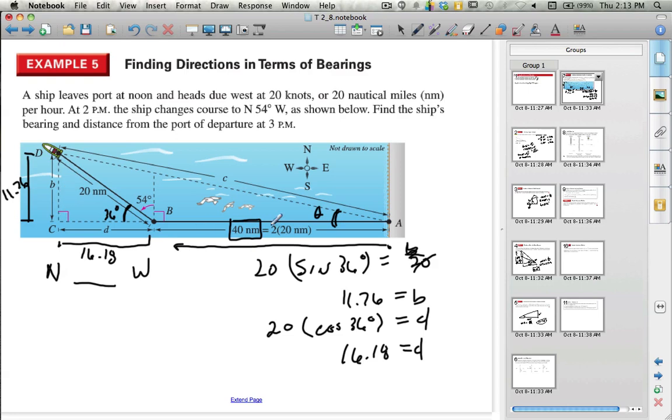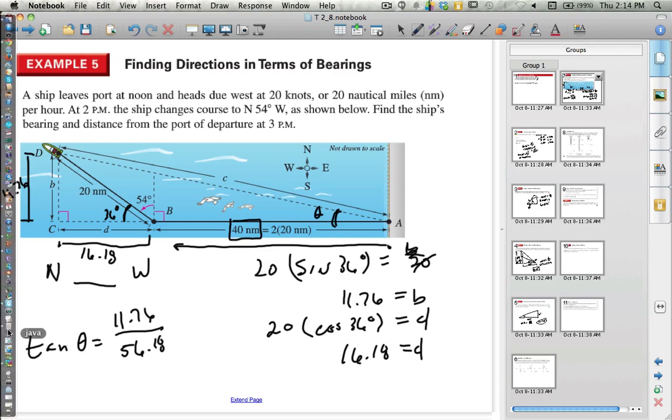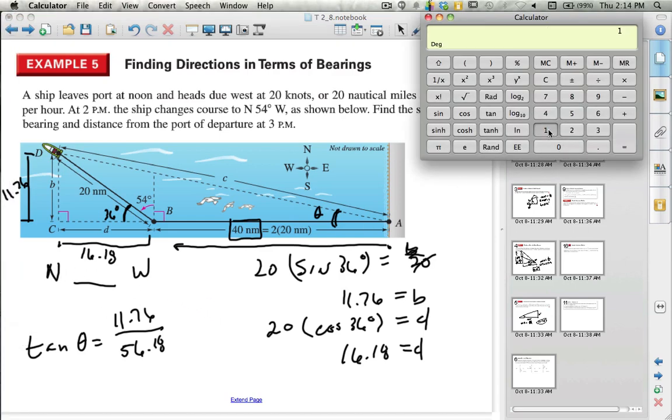And I know this, so I know the side adjacent to my angle, and I know the side opposite my angle, so I know that the tangent of the theta that I'm looking for is the side opposite, 11.76, divided by the side adjacent, which would be 56.18. So if I go back now to my calculator, I'm going to do 11.76 divided by 56.18 equals, and that's the tangent.